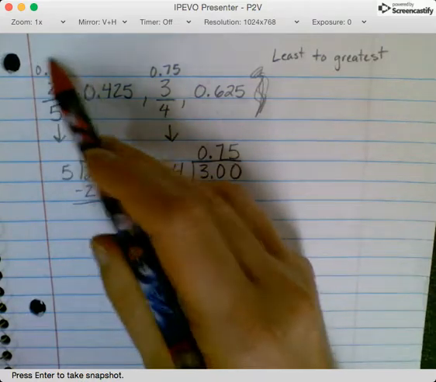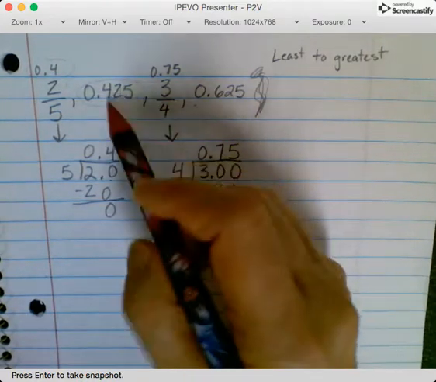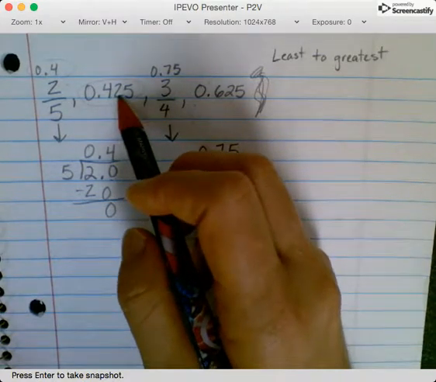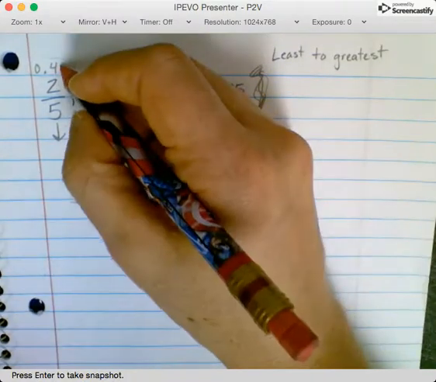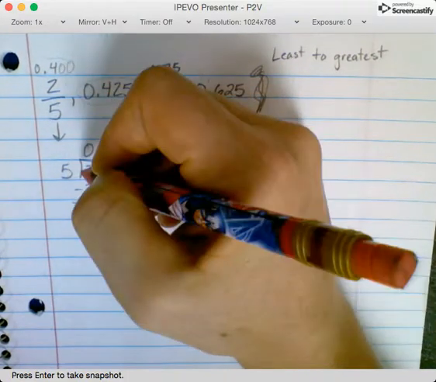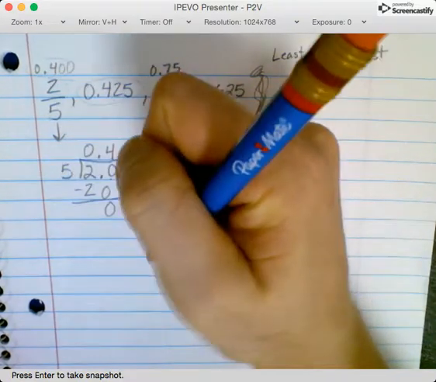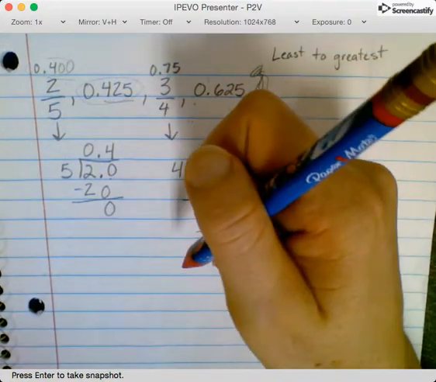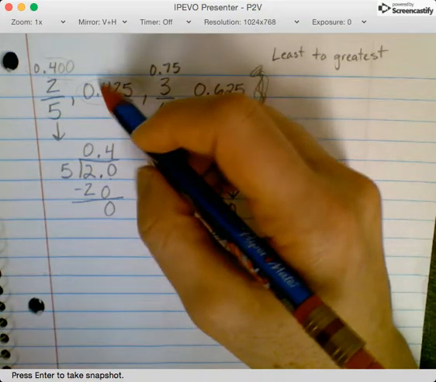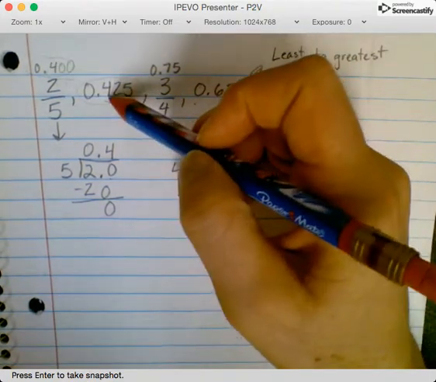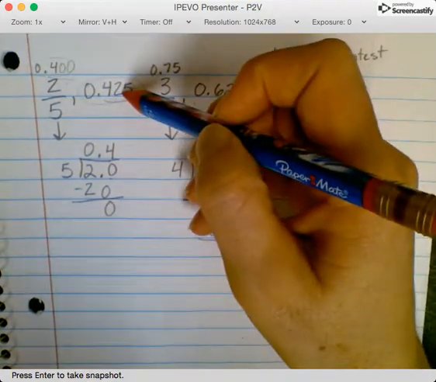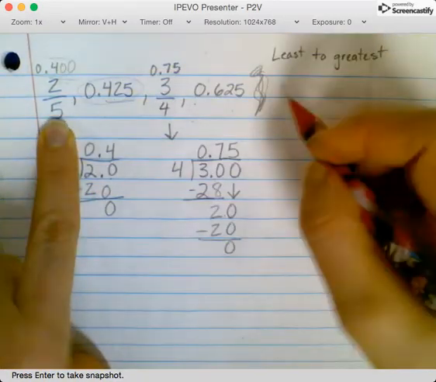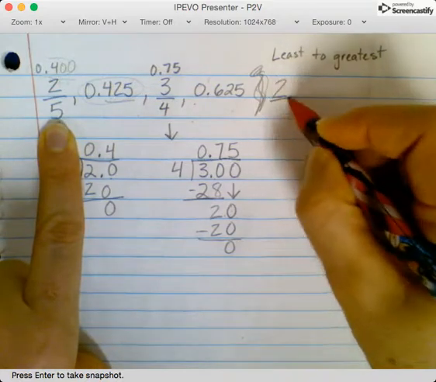The 4 is the smallest, so we have 4/10 and 425 thousandths. This one, 4/10 is the same thing as 400 thousandths, and 425 thousandths is obviously comparable. If we compared it from left to right, then we would compare 4 to 4, 0 to 2. 0 is smaller, so this one is actually the smallest, and that would be 2/5.